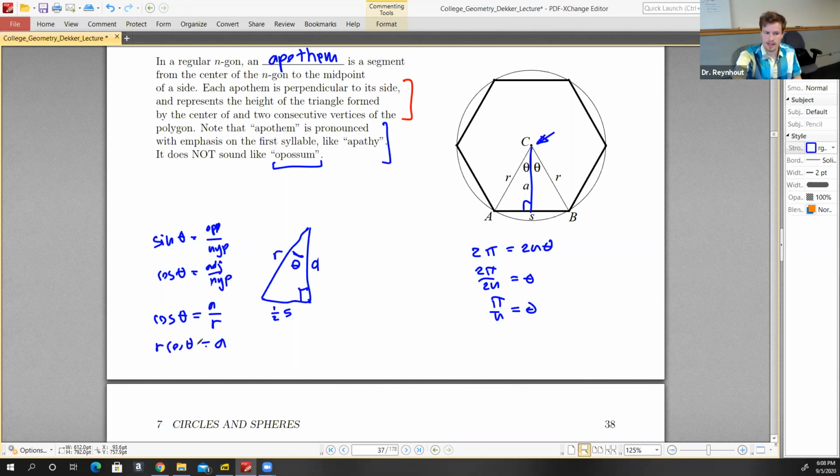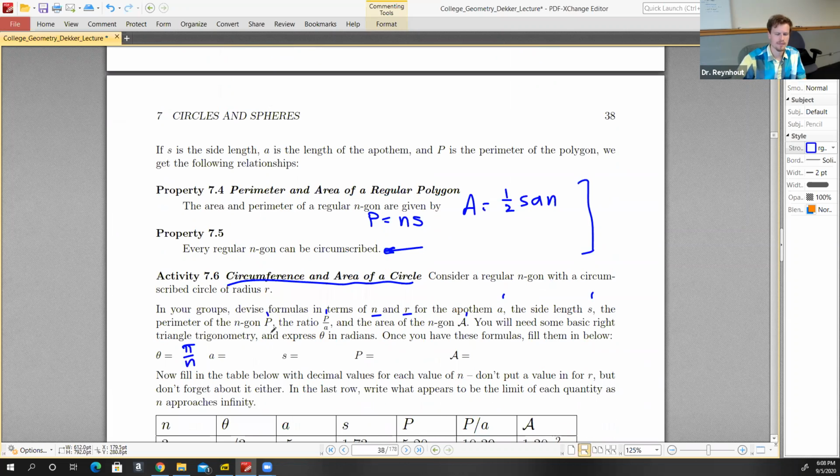That's pi over n. So a is equal to r times cosine pi over n. Excellent. So now you are able to fill in s for the side length, p for perimeter, and a for area.